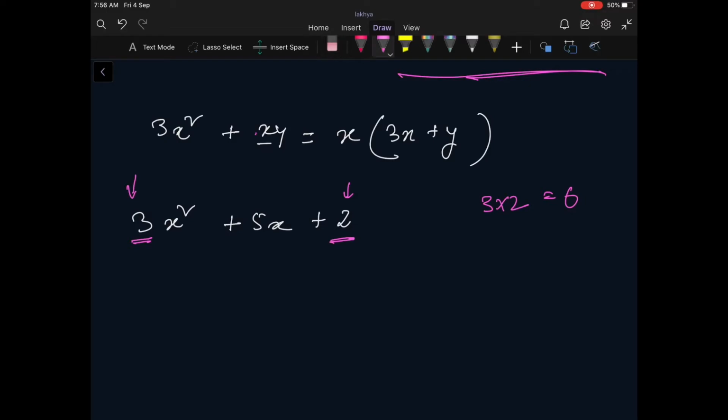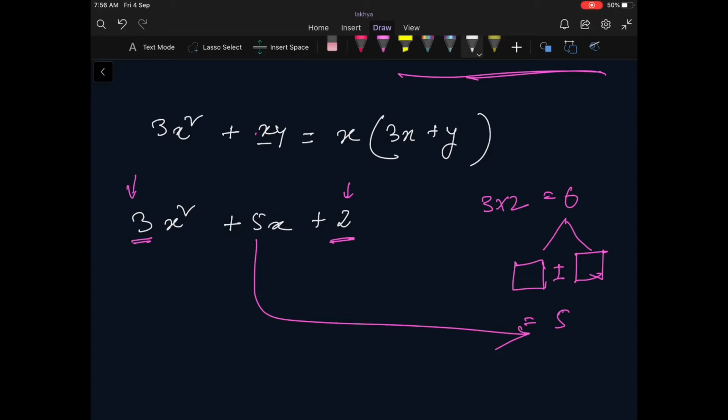Then here you see we have to find two factors of 6 such that either their sum or difference is equal to 5, that means the coefficient of x. Here we know 3 plus 2 is equal to 5.